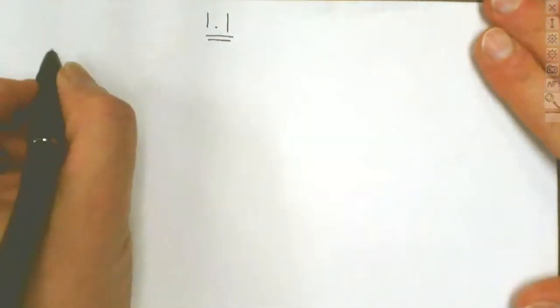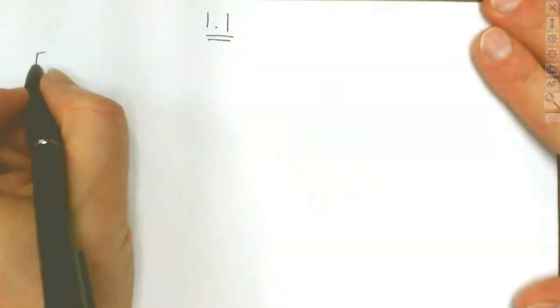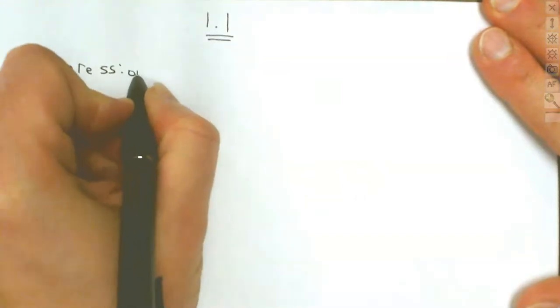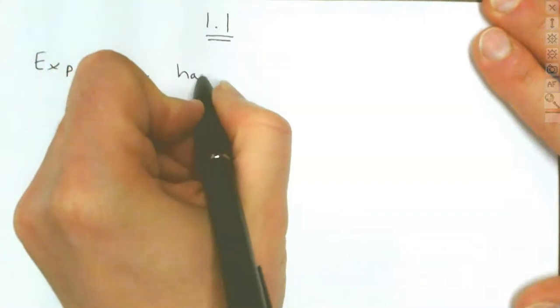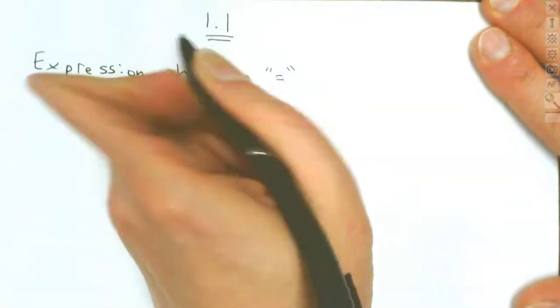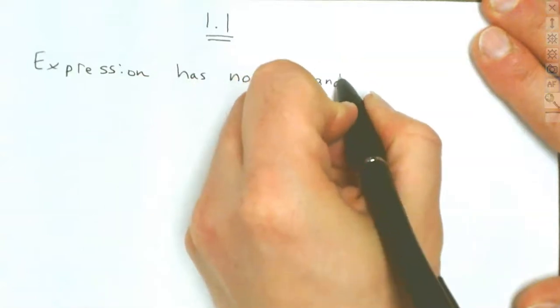And so we're going to begin with looking at the difference between an equation and an expression. Now, an expression has no equal sign and cannot be solved.